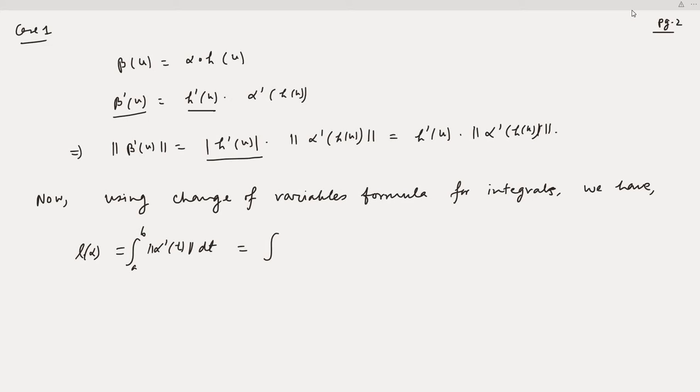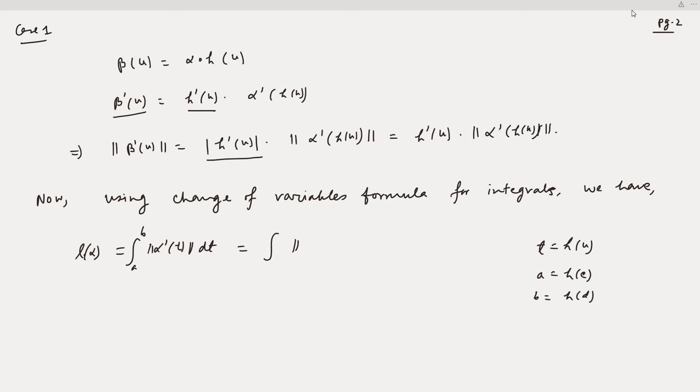So we are replacing t equals h of u. Then when t equals a, h of c equals a, and b equals h of d.